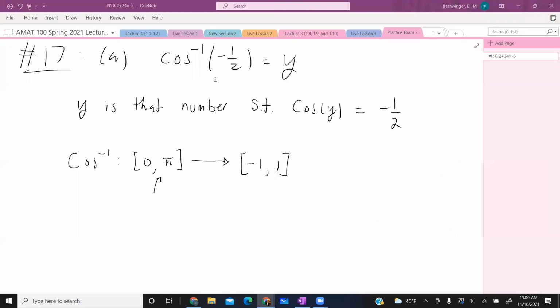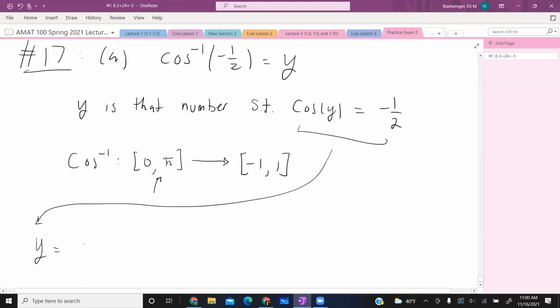So we can conclude that y is equal to 2 pi over 3. That implies that cosine inverse of -1/2 is equal to 2 pi over 3.